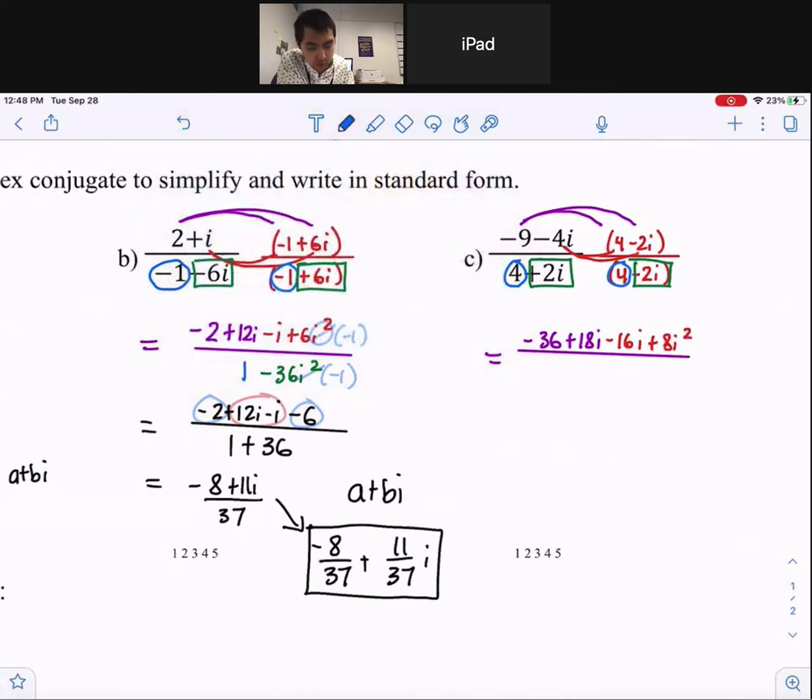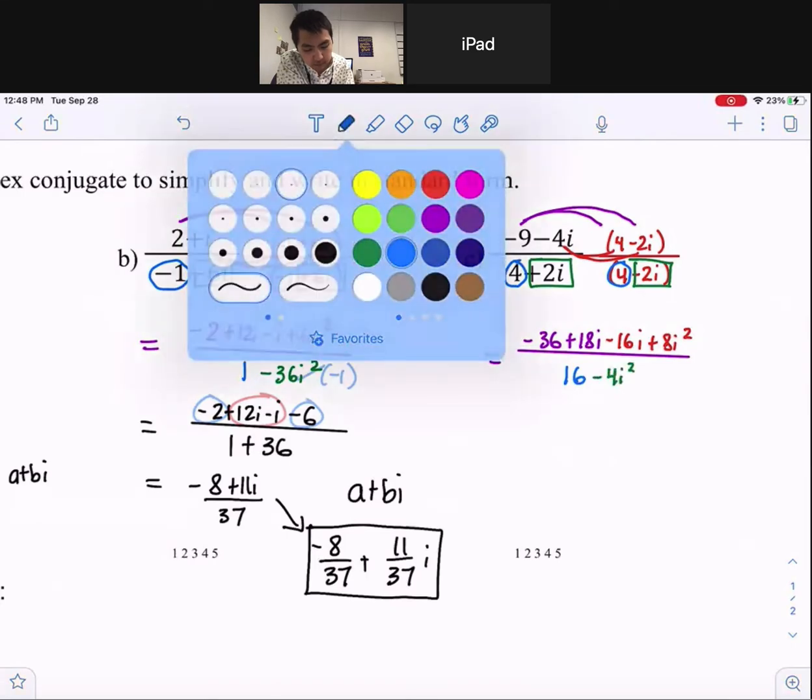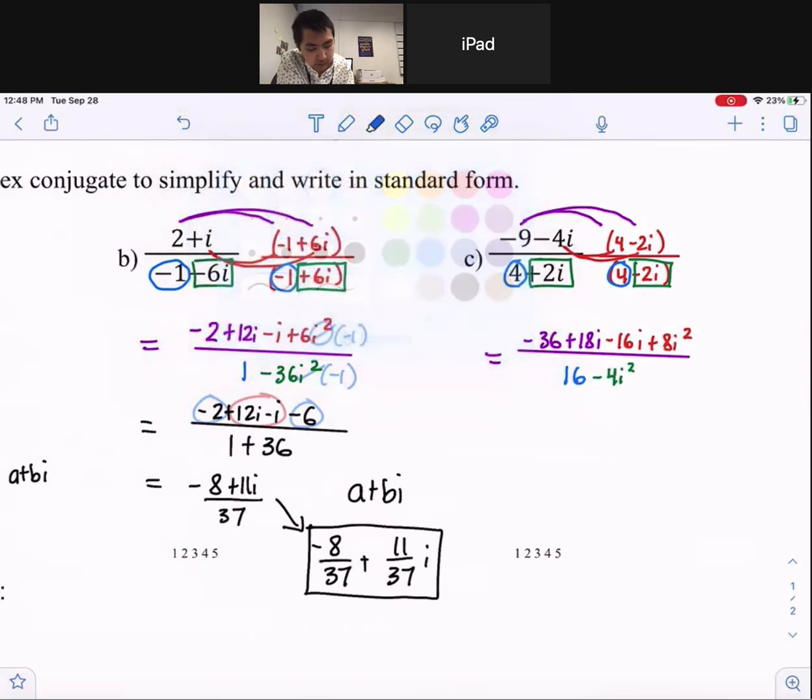The bottom, 4 times 4 is 16, and 2i times -2i is -4i to the second power. Now recall, you guys, the i to the second powers, those are really just -1. And now you guys just simplify, or let's copy down everything.